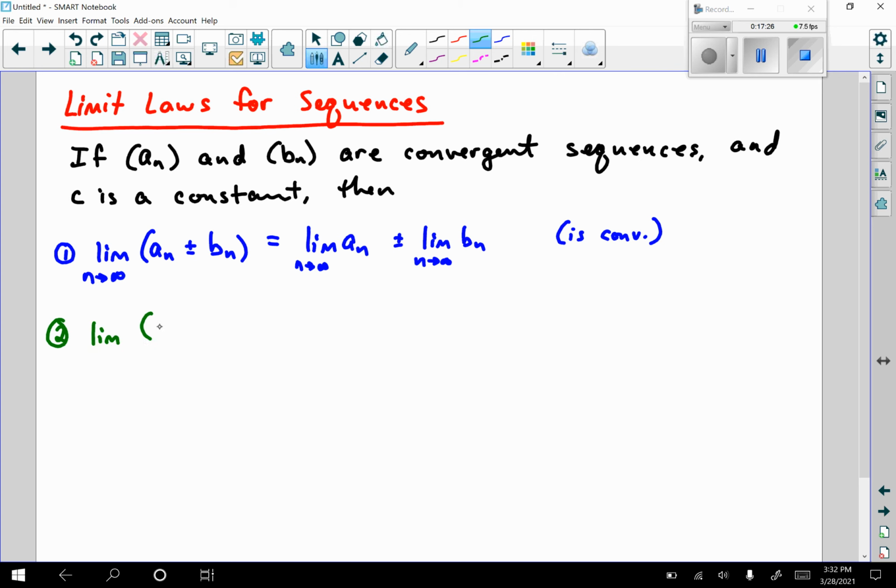Second one, we take the limit of a constant times one of the sequences here as n approaches infinity, then this is equal to c times the limit as n approaches infinity of a sub n.